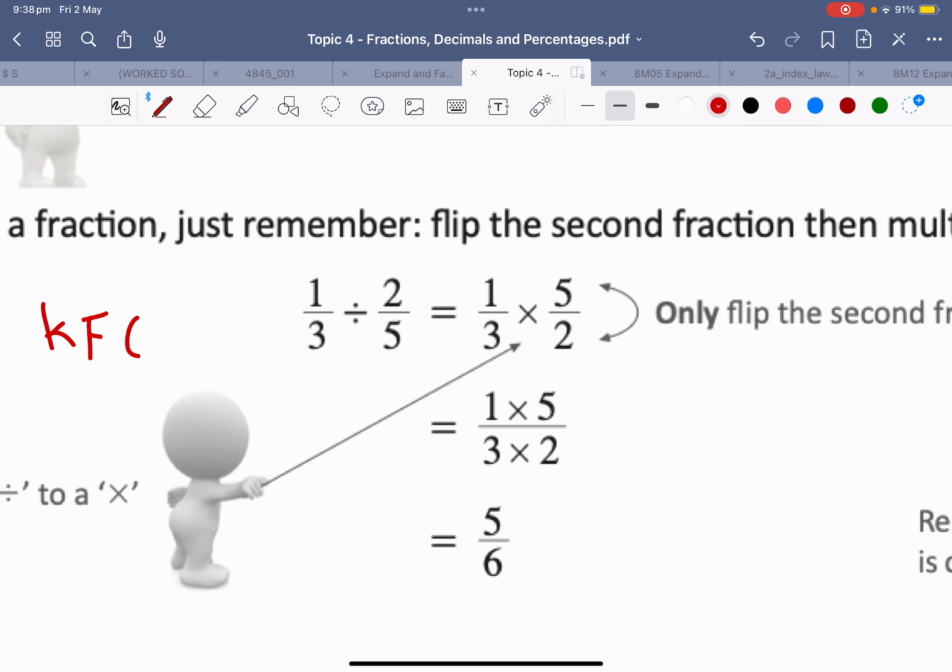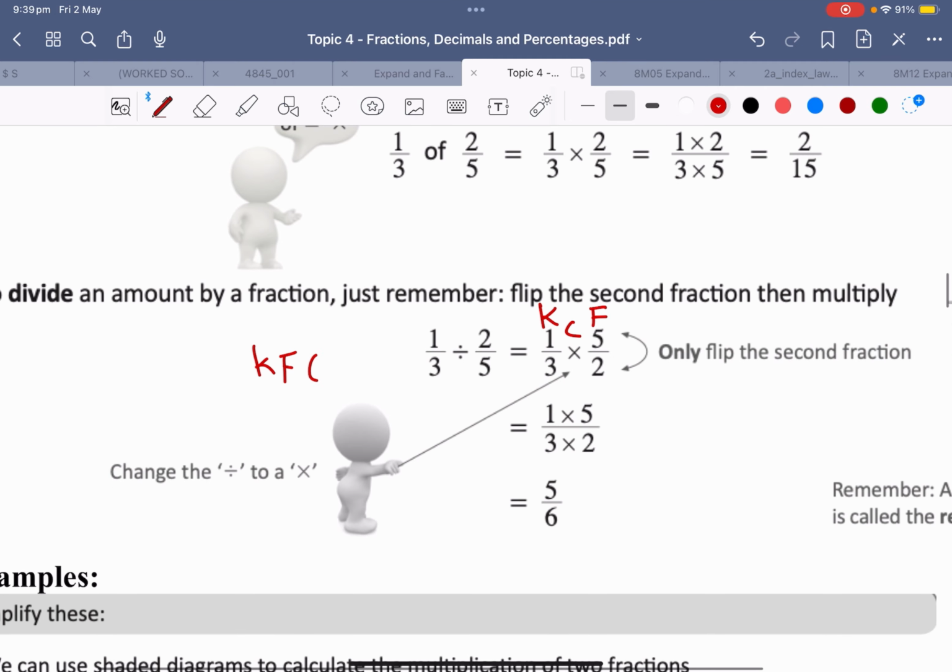I have 1/3 divided by 2 and 5. I keep the first one, flip the second one. Reciprocate is the word that I like to use, and my normal class knows it. And I change the division into times, so change. If you say KCF, I don't care. I'm not going to listen to you. It's KFC. I like KFC. Now I simplify from there. It's 5 over 6, and the answer is there.